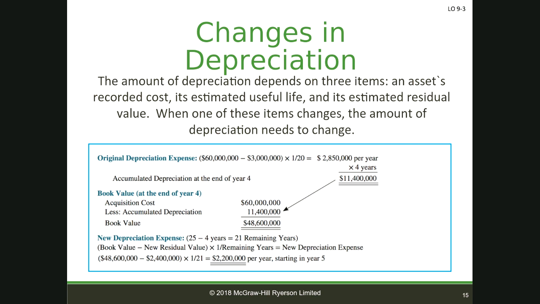So the depreciable cost is $57 million. That particular asset is going to last 20 years. So with the straight line method, we take 1 over 20, multiply that by 57 million, and we get the depreciation expense of $2,850,000 per year.